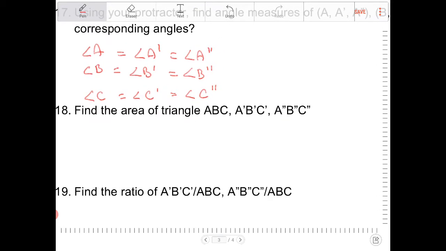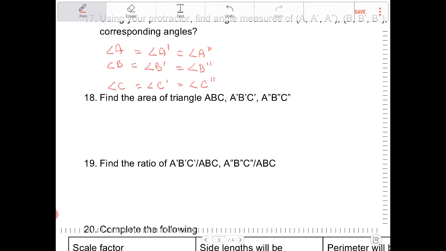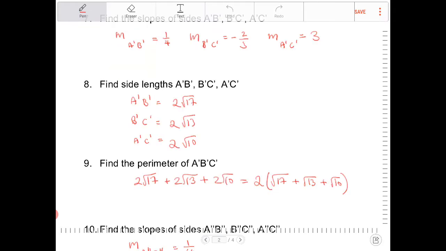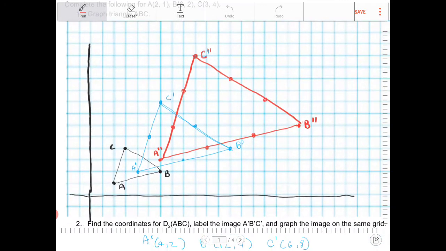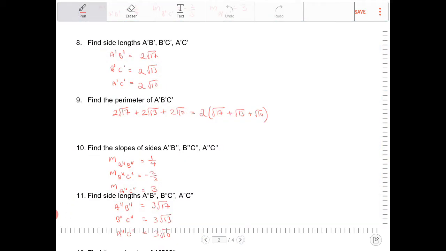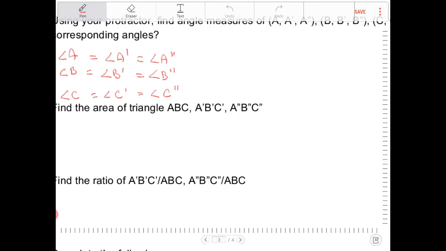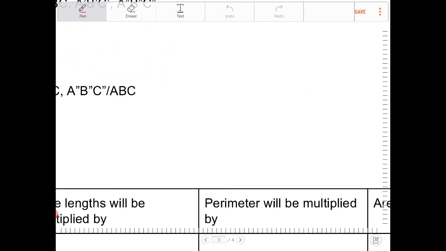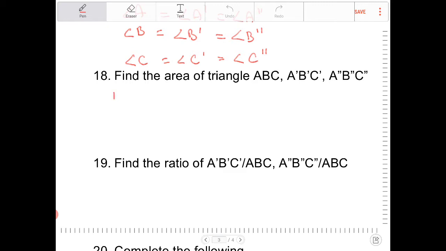Find the area of triangle ABC, A prime, B prime, C prime, and A double prime, B double prime, C double prime. Okay, so the way in which I'm going to do this is I'm going to draw this thing out over here.